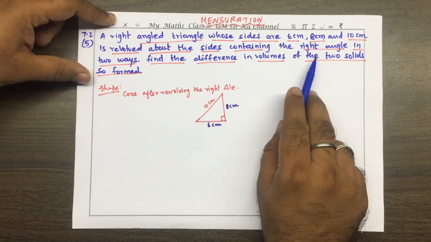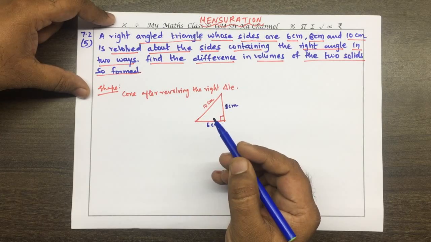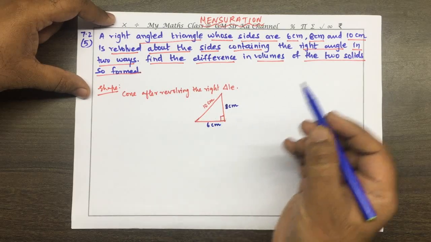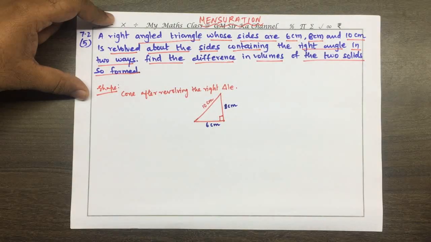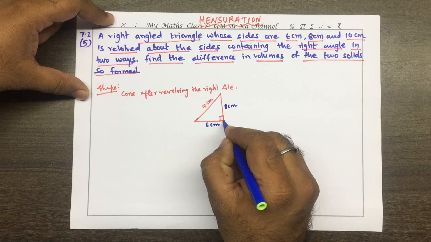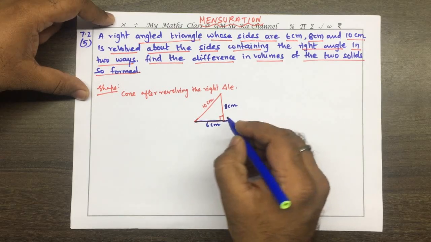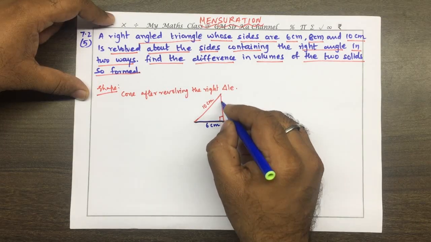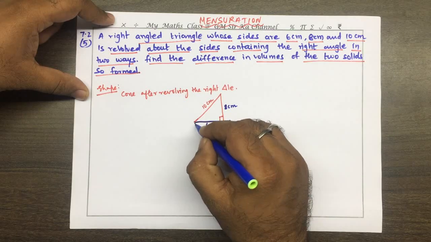So when it is 6 centimeter, side 6 centimeter is fixed, then 8 becomes the radius.